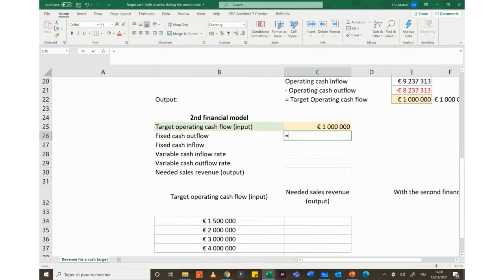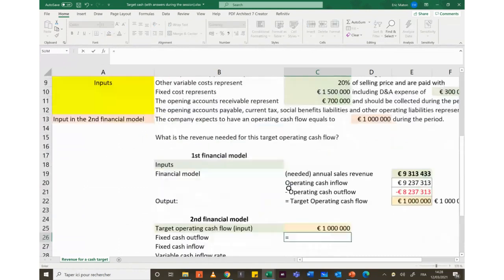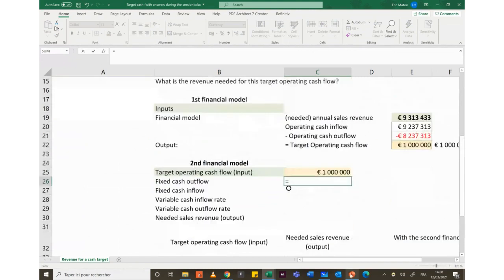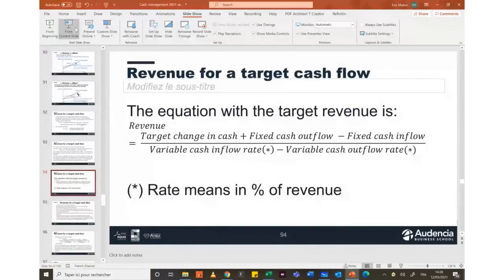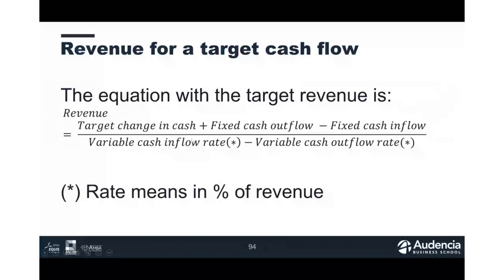The fixed cash outflow. So now I need the values in this equation. So I need this equation because I need the output in function of the different inputs.